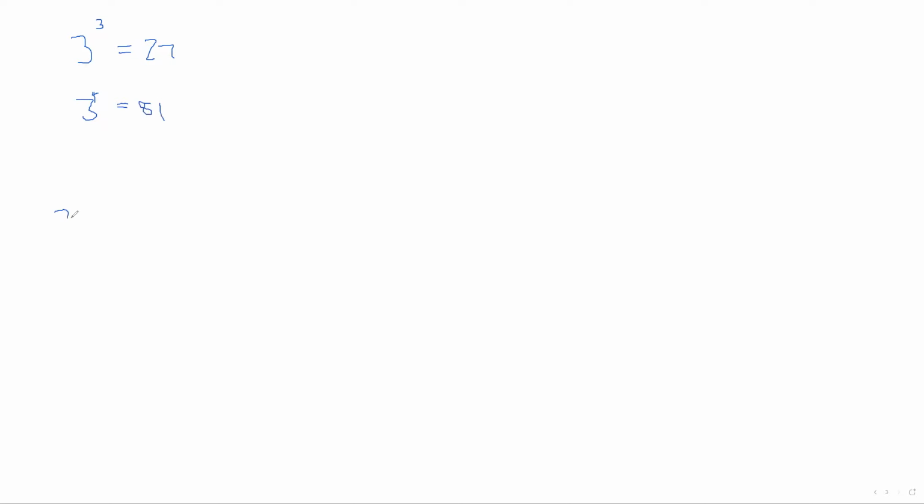So if I asked 3 to the x equals 27, you know the answer. And it's great that if I ask 3 to the x equals 81, you'll know the answer to that too. But what happens if we pick anything in between?